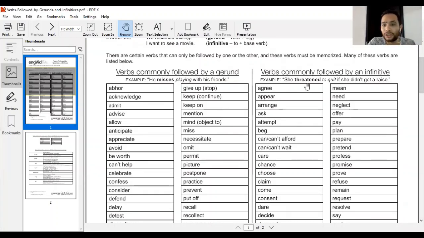She threatened to quit if she didn't get a raise. I cannot say "she threatened quitting if she didn't get a raise," because it makes no sense in English. The pattern that we use with the verb threatened is infinitive with to.